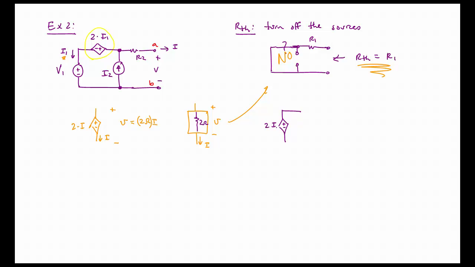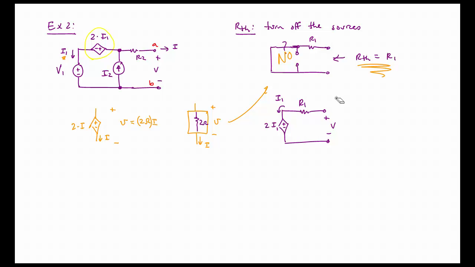In this particular case, we actually could go ahead and replace this with a resistor, but I'm not going to do that because I want to demonstrate in general how we go about determining the Thevenin resistance for a network, a one port that does have a dependent source in it.